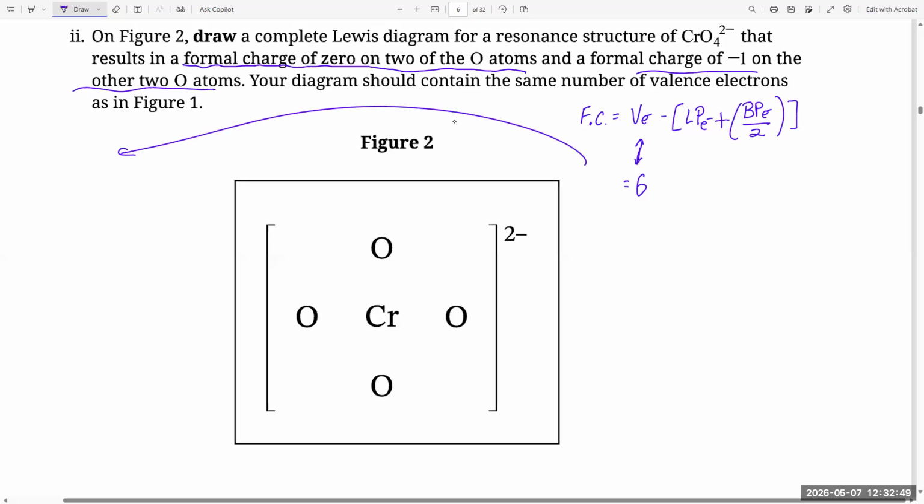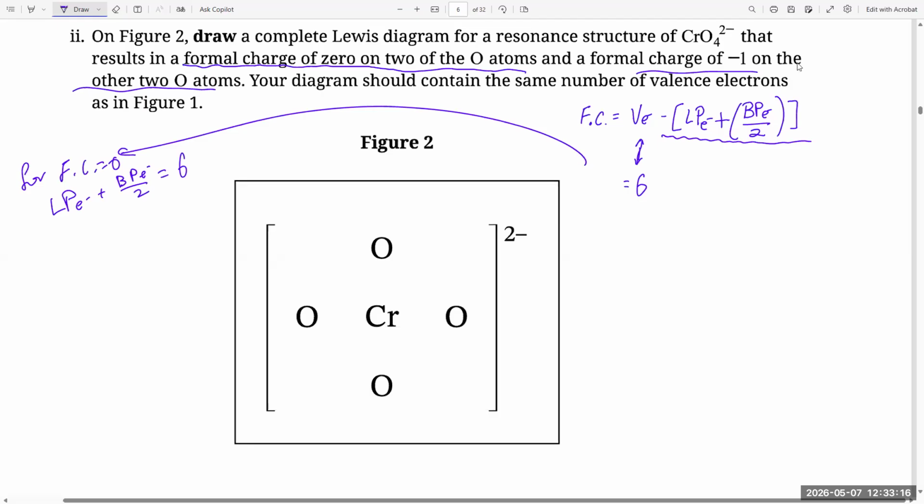For formal charge equals 0, that would require this other portion to be equal to a 6. So that means we would expect the expression lone pair electrons plus bonding pair electrons divided by 2 to be, in this case, 6. That'll give us a value of 0.